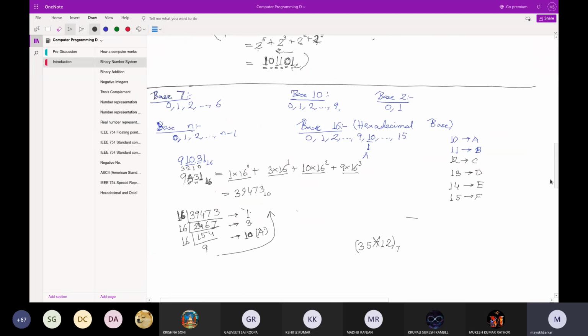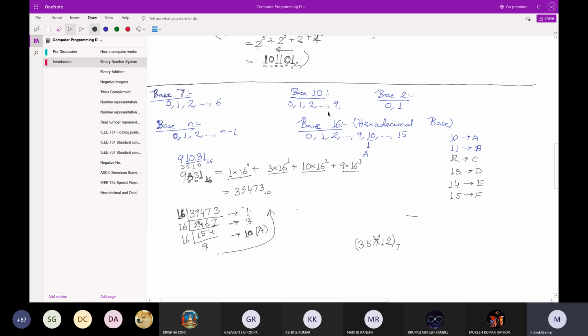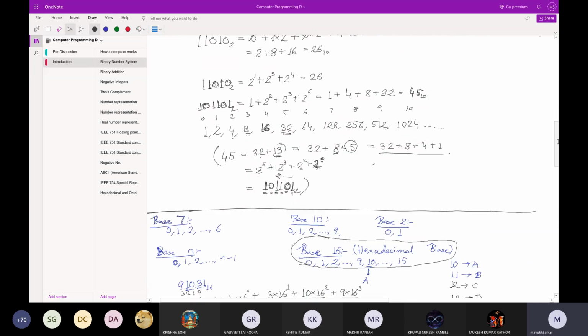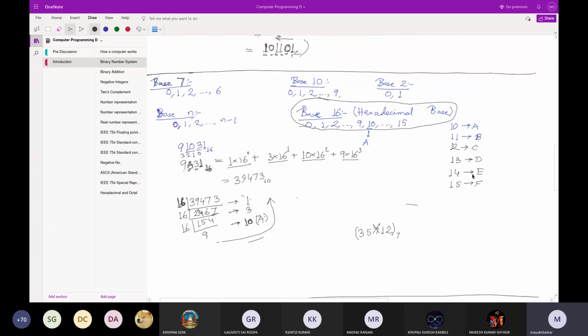Similarly, we have also seen the basics of base 16, that you can get a base 16 number by dividing continuously by 16 and taking the remainder, in the same way as you did for binary or any other base.